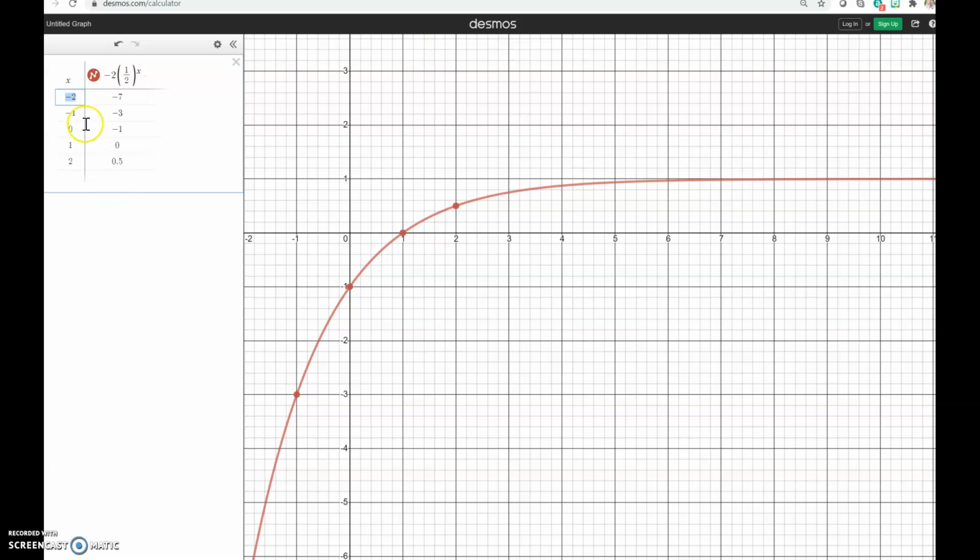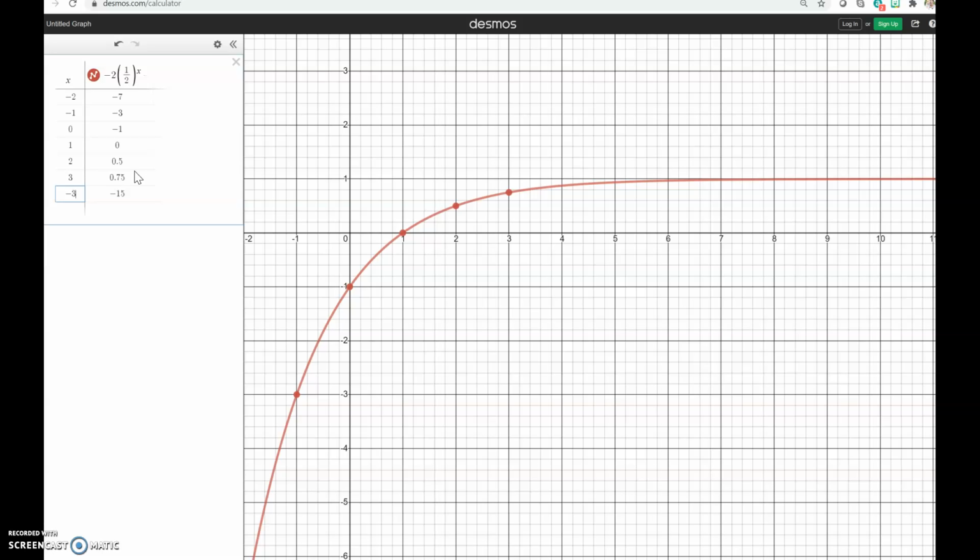It usually gives you points that are close to 0, but you can also type extra numbers in here. Like I could type in 3 and see what the y value is. I could type in -3 and see what the y value is. So you can type in any x value that you want and see the corresponding y value.